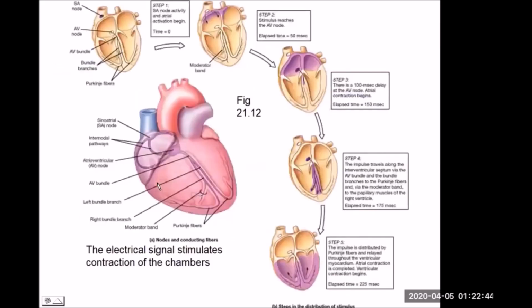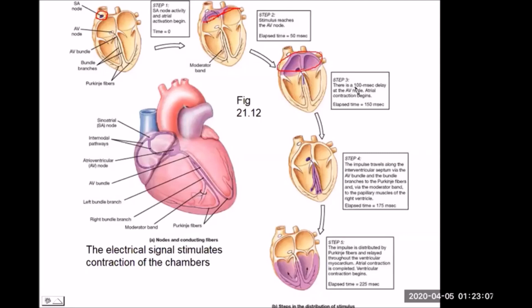And the full image shows this here. So with the primary pacemaker embedded in the superior portion of the right atrium, and this purple tint is now illustrating the spread of the depolarization, the spread of that positive charge, leading to the contraction of both atria.